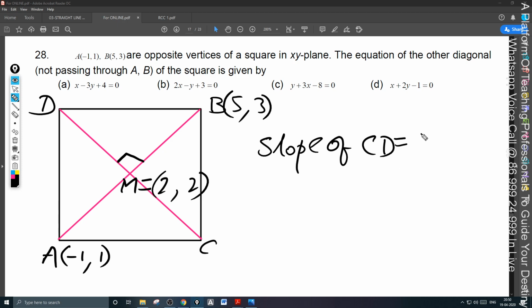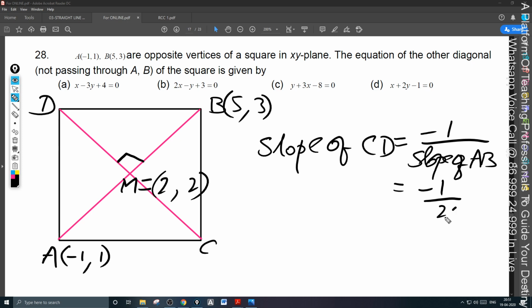It is equal to minus 1 divided by slope of AB. So minus 1 divided by, what is slope of AB? 3 minus 1, 2, 2 by 6. It is minus 3 by 1.